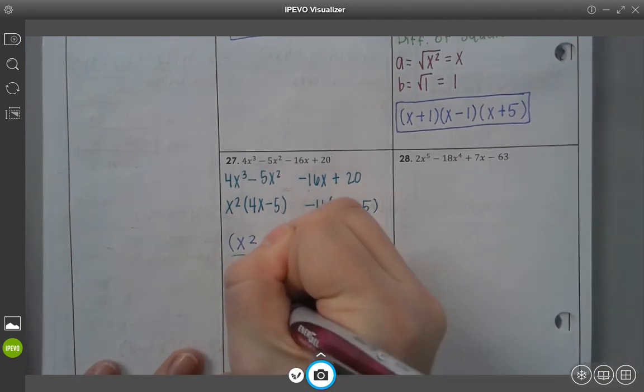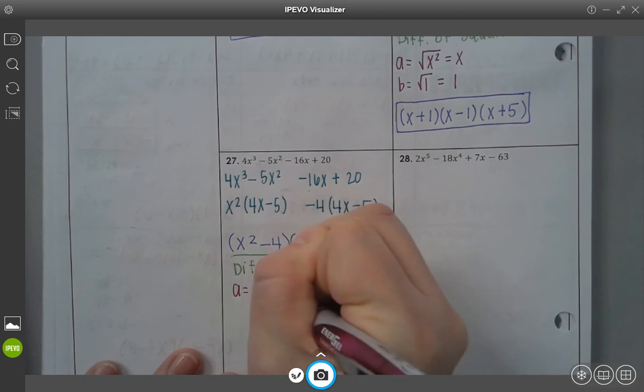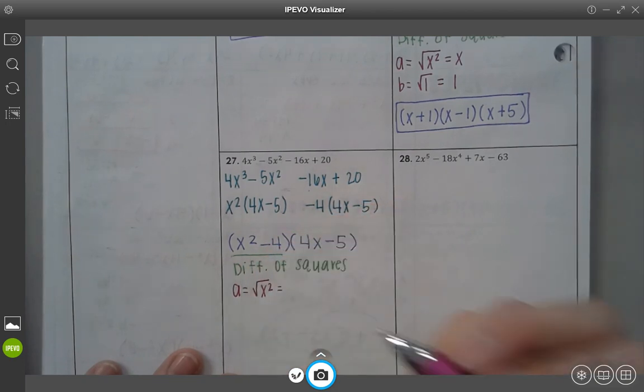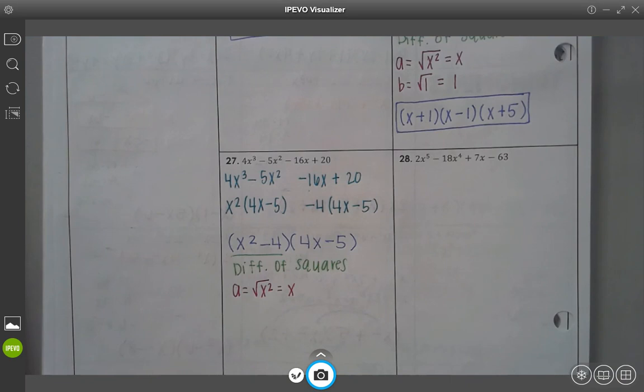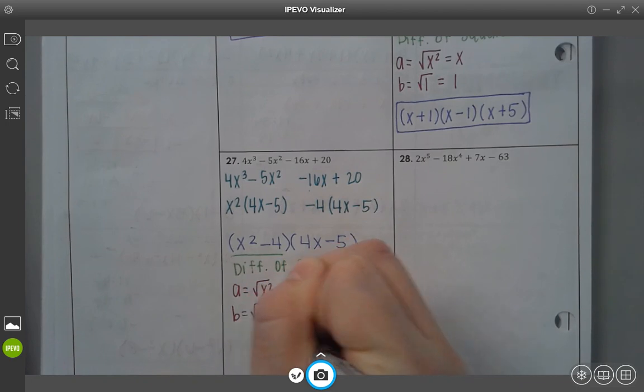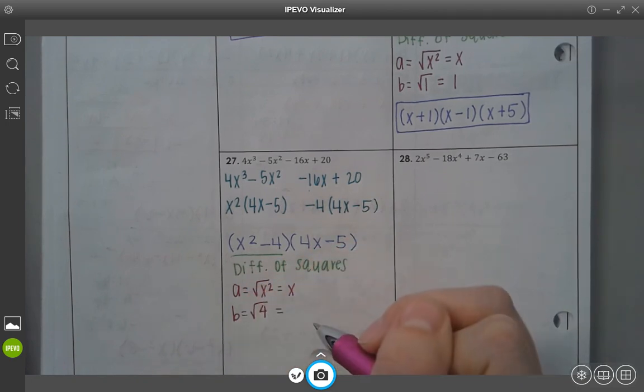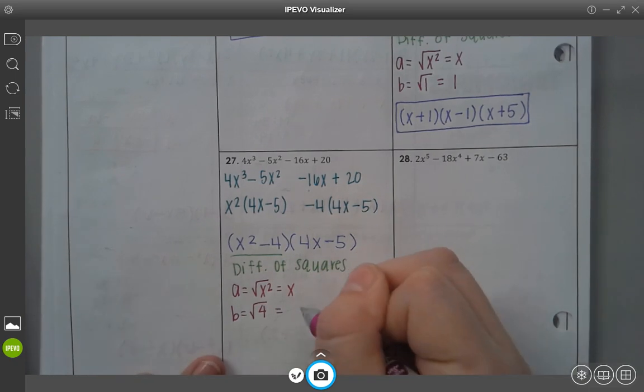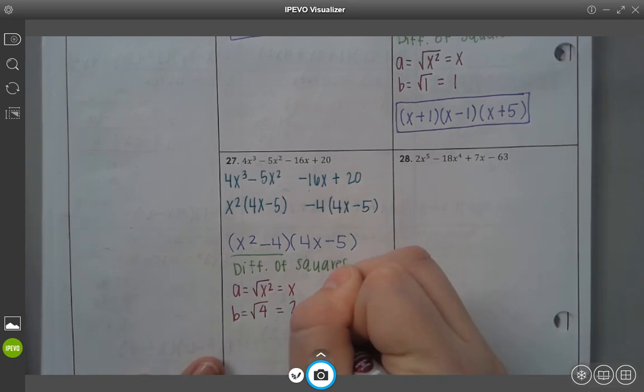All right, A is the square root of x squared, which is x. B is the square root of 4, which is 2.